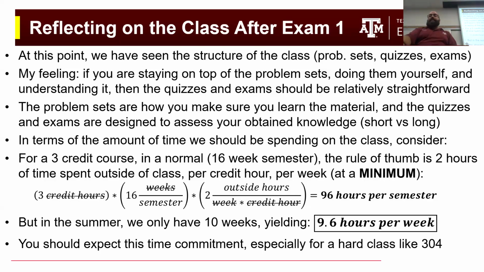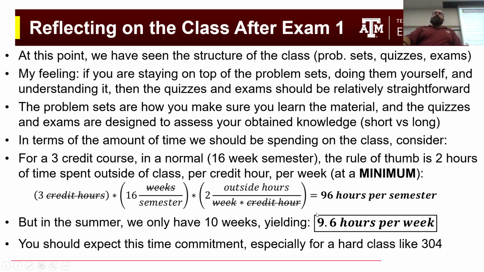So you take that and divide it by 10, and that's about how much time you might spend on a class. Obviously there's some variation you could see here. Maybe if it's an easier class, you can get away with a lot less than this. But for a hard class like 304, that is about what I would expect.